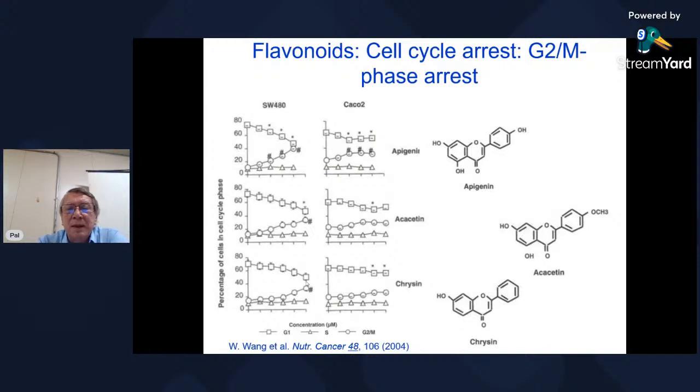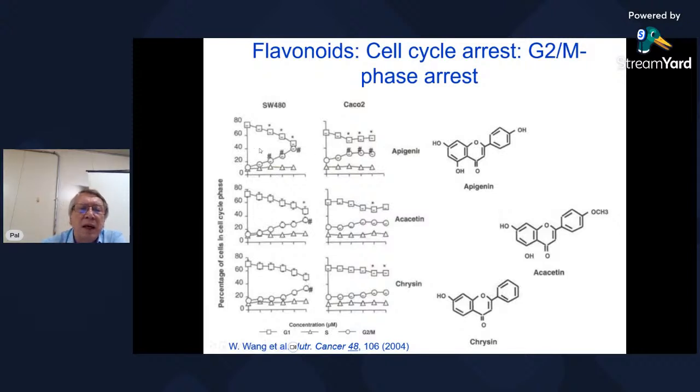Let's see the second class of flavonoids: apigenin, acacetin, and chrysin, just to mention a few examples. As we can see, these are cyclic analogs of chalcones.